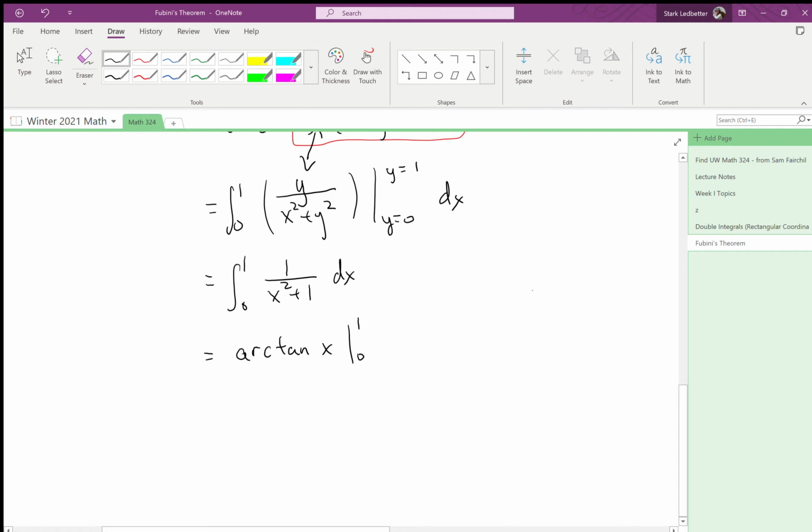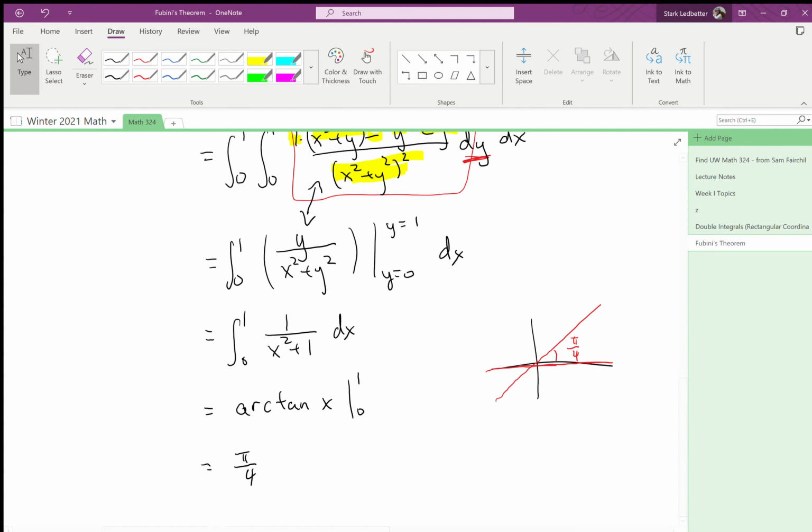A fun way to do arctan is if you just draw a line with that slope. So a line with slope 1 looks like that, and that angle is 45 degrees or pi over 4. So arctan of 1 is pi over 4. You just pick the angle between negative pi over 2 and pi over 2 that line makes with the positive x-axis. And then a line with slope 0 makes an angle of 0. So pi over 4 minus 0.